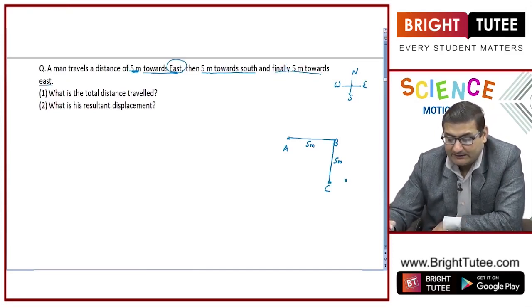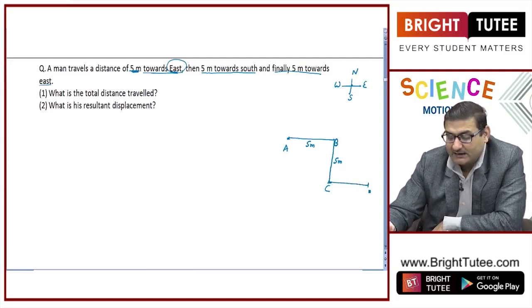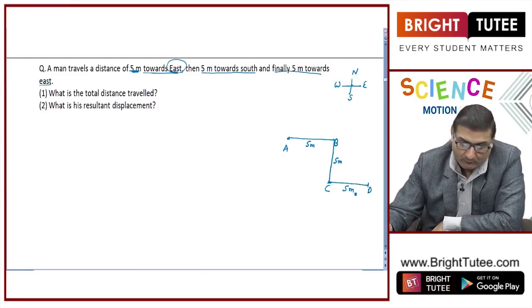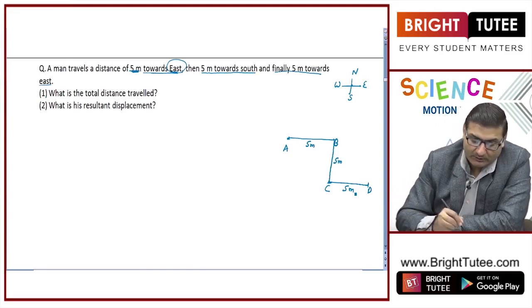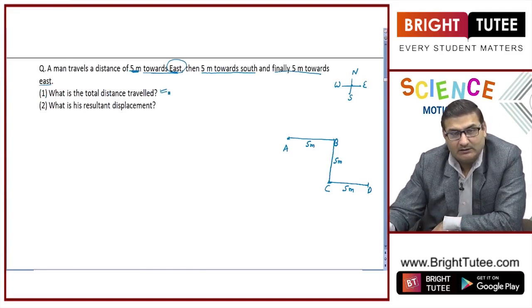At this particular point, his east is 5 meters here. At this point D, this is 5 meters. Got it? Fine. Now, what we are going to calculate is the total distance travelled.